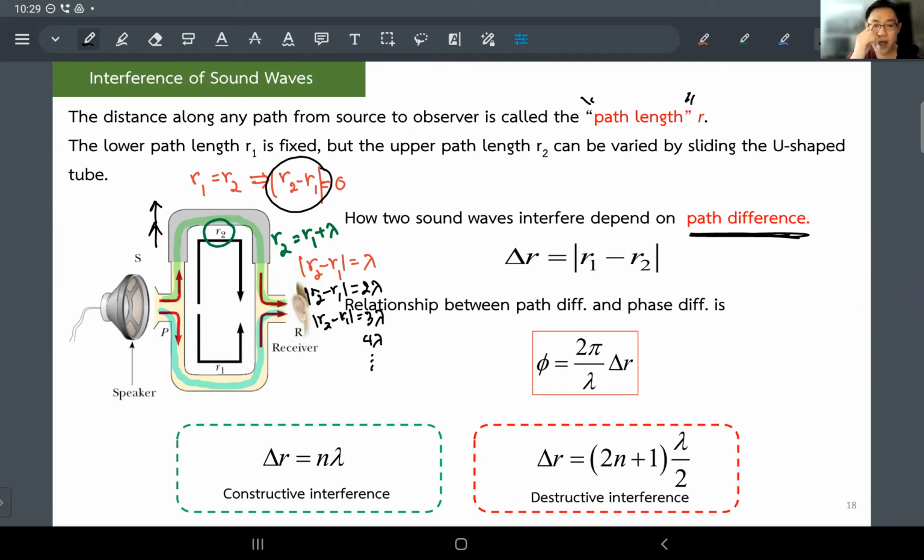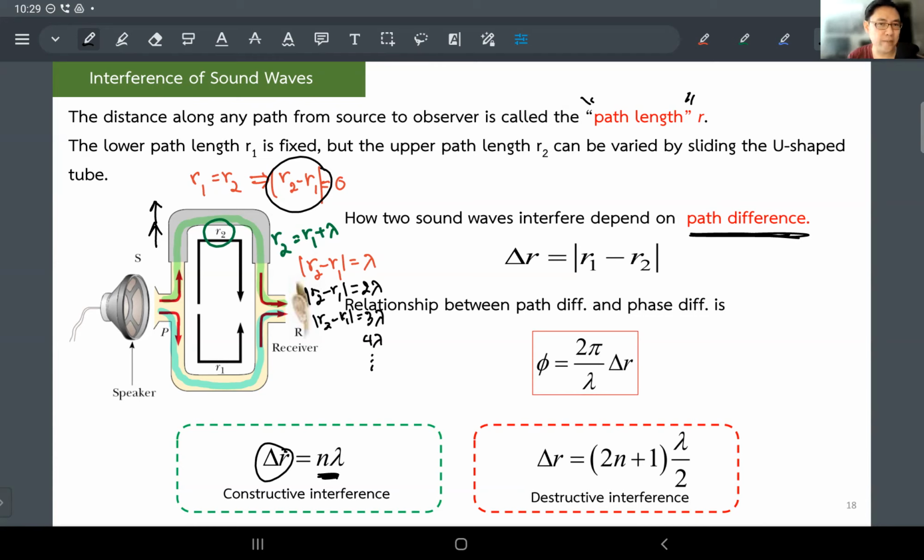So the condition that leads to a constructive interference is simply that the path difference has to be a multiple of lambda. That's it. Does that get to the point here?